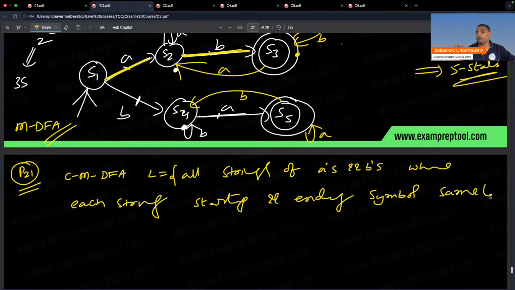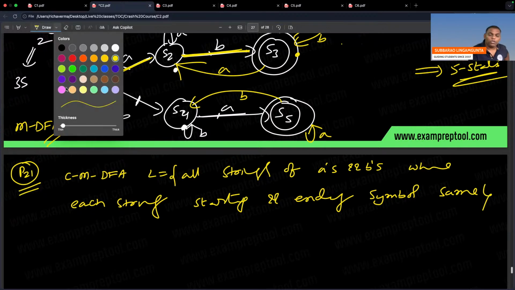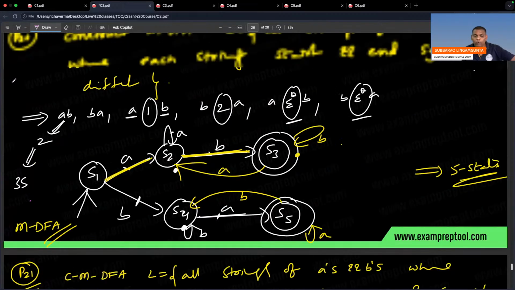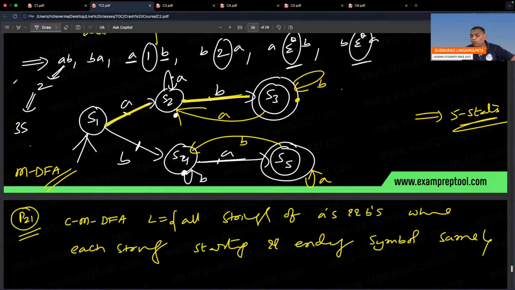Be careful, everyone. It's a very important problem. Starting and ending symbol same, this problem should take care. Starting and ending symbol different, the above problem should take care. The above problem is for different, this problem is for same.